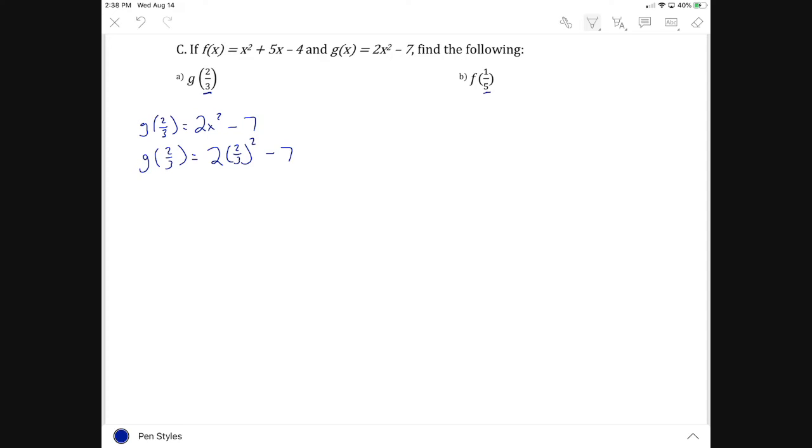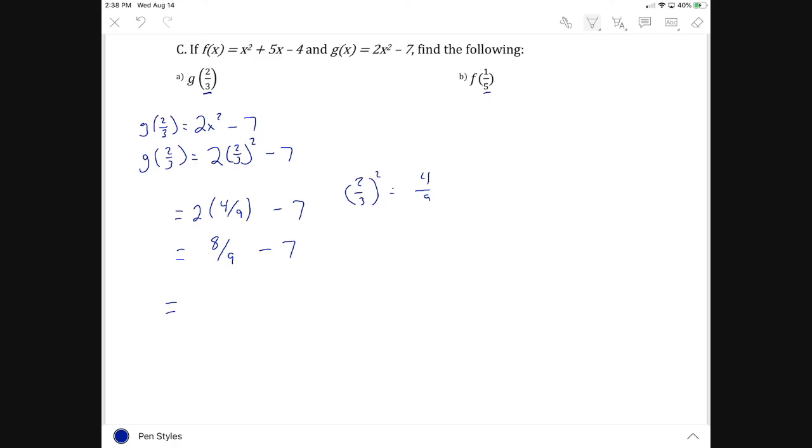So remember, doing fractions, it's going to be a little bit different. So we are going to do the 2/3 squared, which means you're going to be multiplying 2/3 times 2/3, which will give you 4/9 because you multiply across. So you're going to have 2 times 4/9 minus 7. So 2 times 4/9, again, it's still a fraction, but you have to do it a little bit differently. And you're going to end up with 8/9 minus 7.